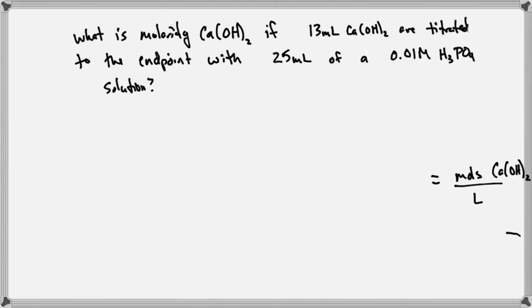Calcium hydroxide over liters of that solution. What information am I given? I'm given 13 milliliters of calcium hydroxide. Technically, there's a solution on that. SOLN stands for solution. What other information is given?